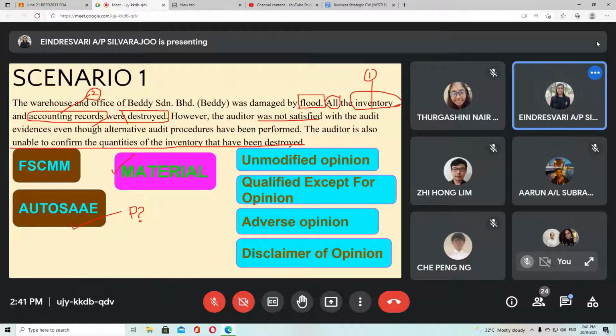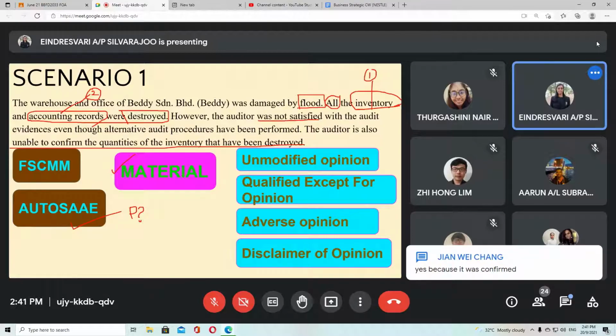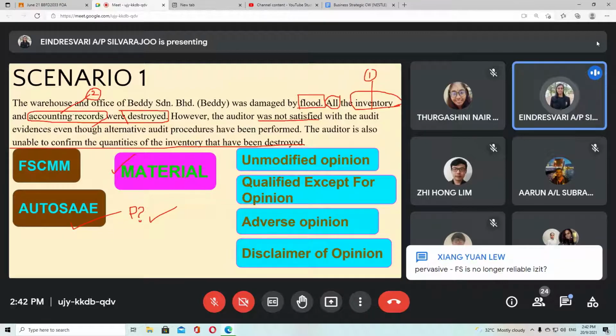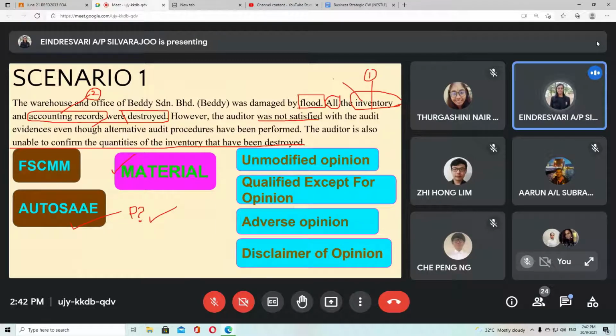Second, what was confirmed? Pervasive. Why? Because of all the accounting records and the inventory. This inventory is the physical inventory.